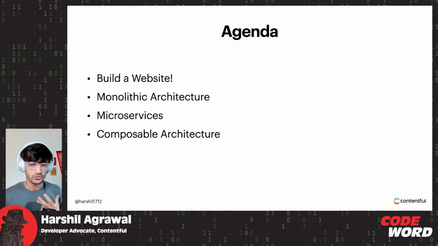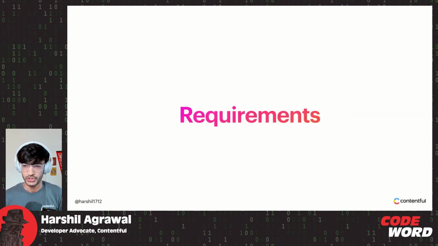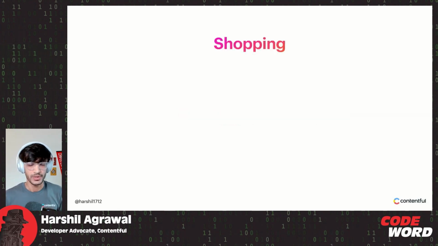We know that we all want to build a website. So the first thing we do is we do a bit of research. We look at the requirements that we want a website to have. So I did a bit of research and I looked into the things that I want to have in my website. The first thing I wanted for my users to do is have the ability to go and shop things that are available on the website.